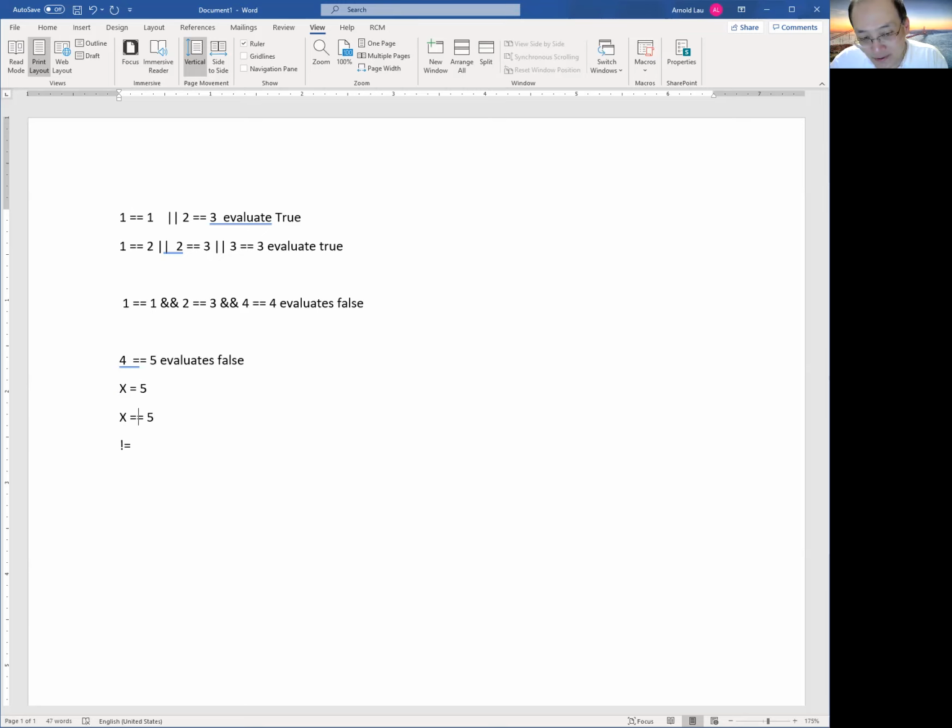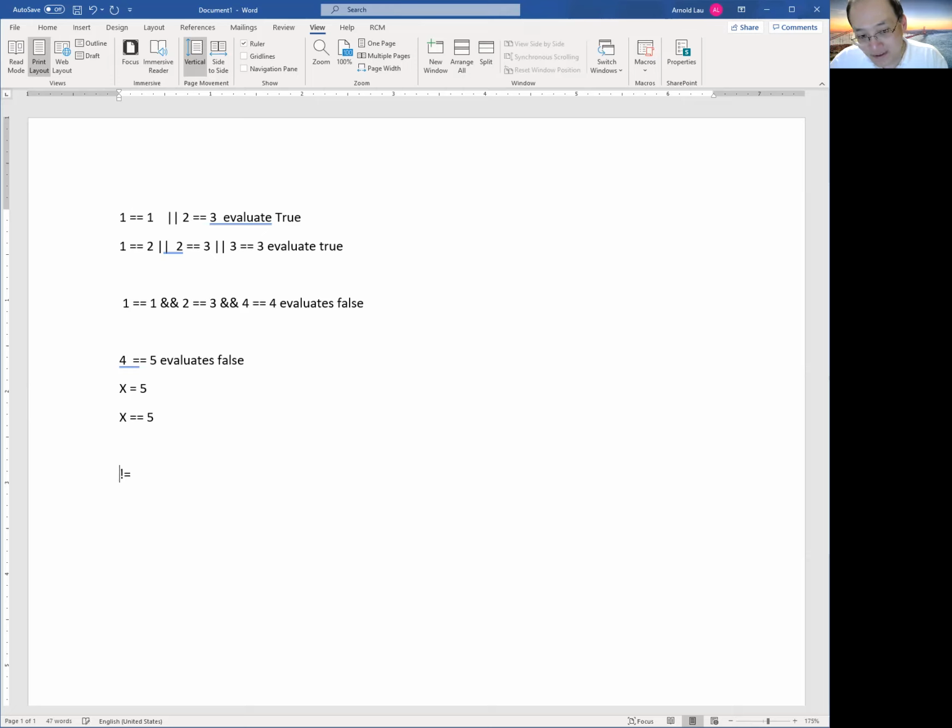With the double equals, you're comparing what x equals and whether it's equal to 5 or not. I've covered this a couple of times before. I stressed it's very important, especially with JavaScript when you're doing comparisons. So understand the difference between an equals and a double equals. One is doing assignment, one is doing comparison.